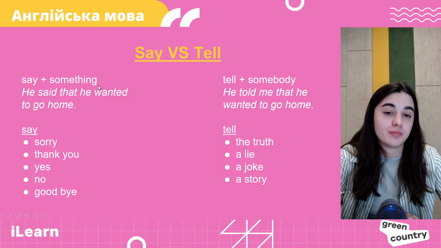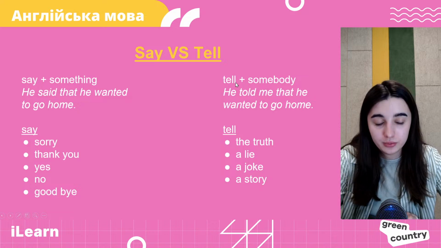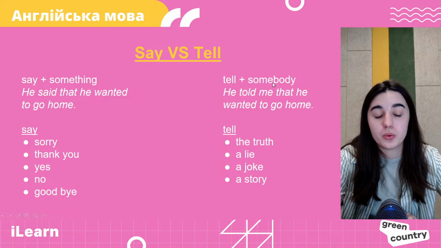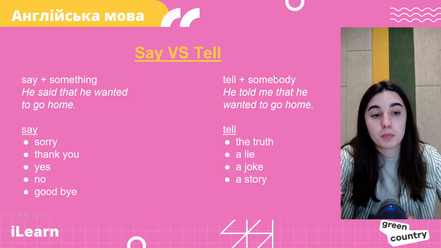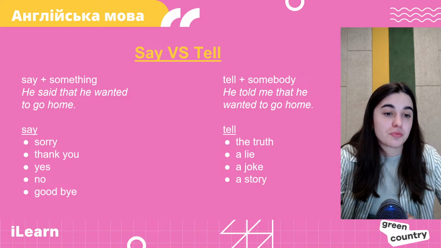He said that he wanted to go home. But when we are talking about tell, we need to use the person who is the recipient of this speech. So he told me that he wanted to go home.